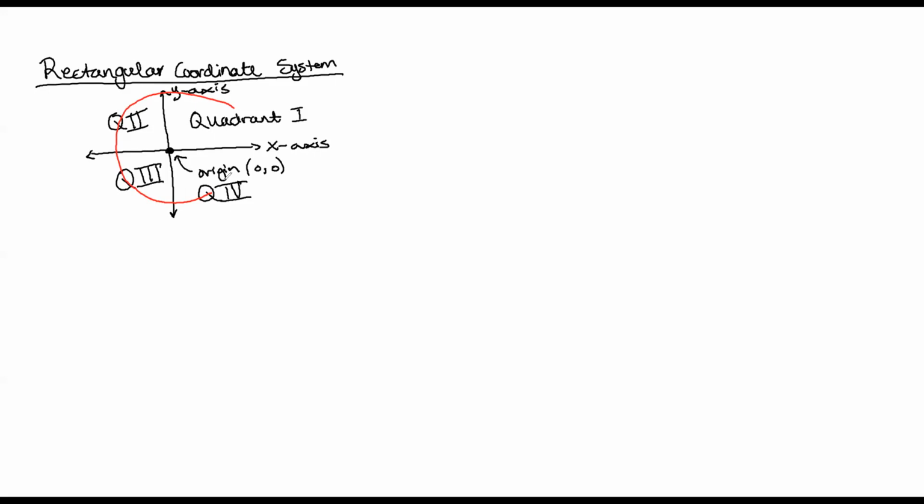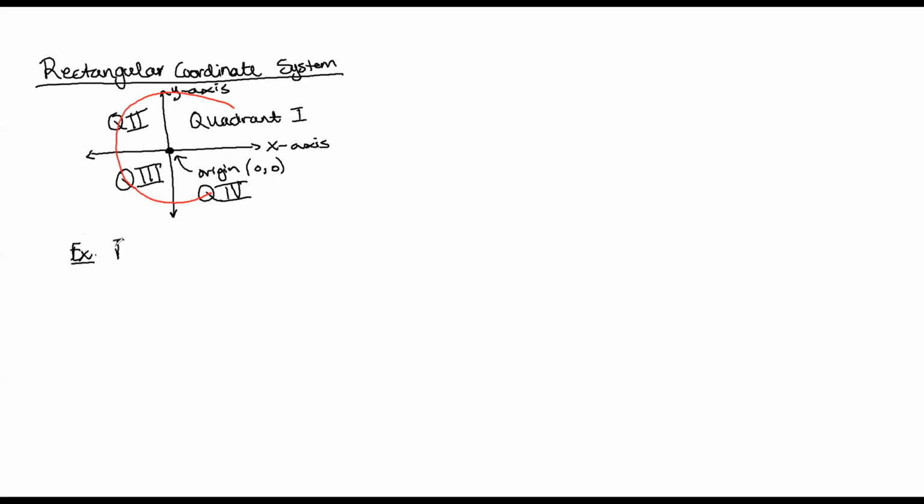All right, so now this last part here, we're gonna go ahead and plot some points and then figure out which quadrants they're in. So it might look a little bit messy on here just because I don't have graph paper on here and I don't think there's any way of putting it in.